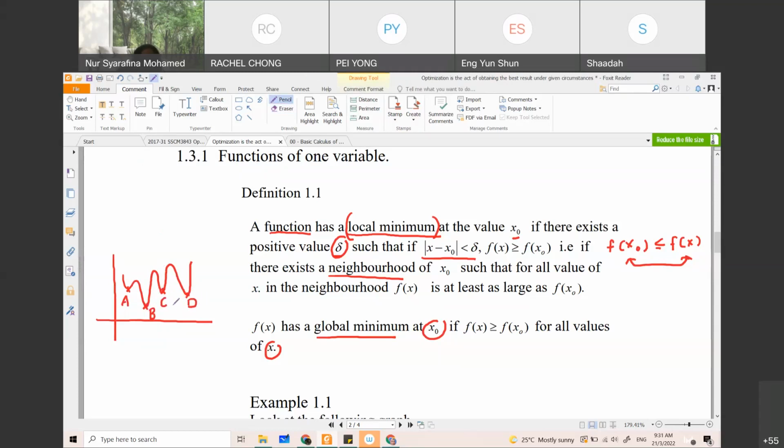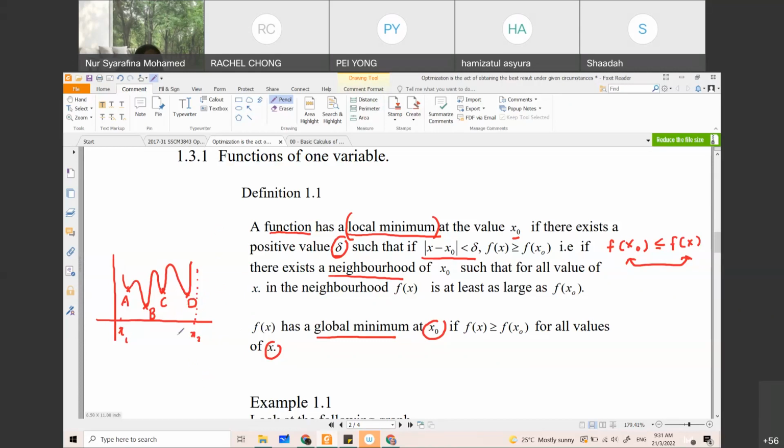As you can see, from A, B, C, and D, which point is the most minimum point?